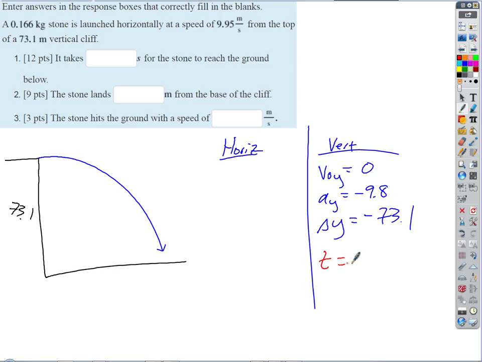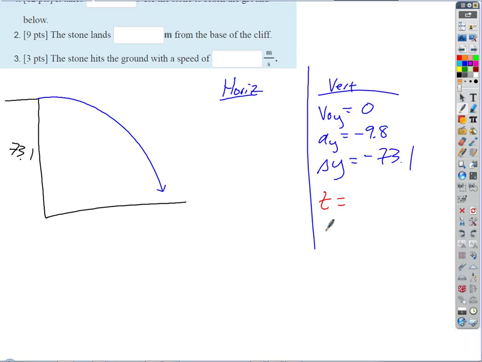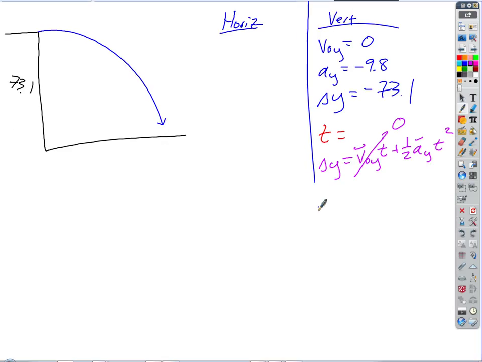So we'll use equation 3, which is delta y equals v naught sub y, the y component of the initial velocity, times time plus 1/2 a sub y t squared. Fortunately, that goes away, right? And so what do we end up getting then? So we end up getting delta y equals 1/2 times a. That's just negative 4.9, isn't it? Everybody agree? If I just take this part right there, that's negative 4.9 t squared.